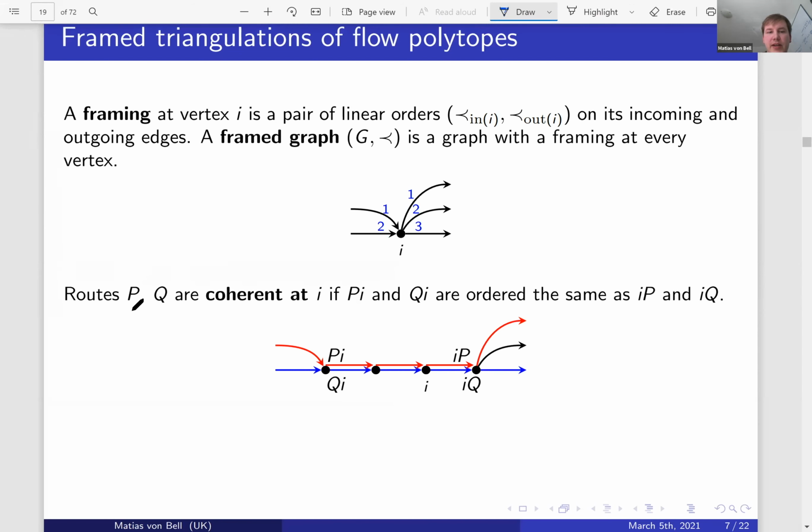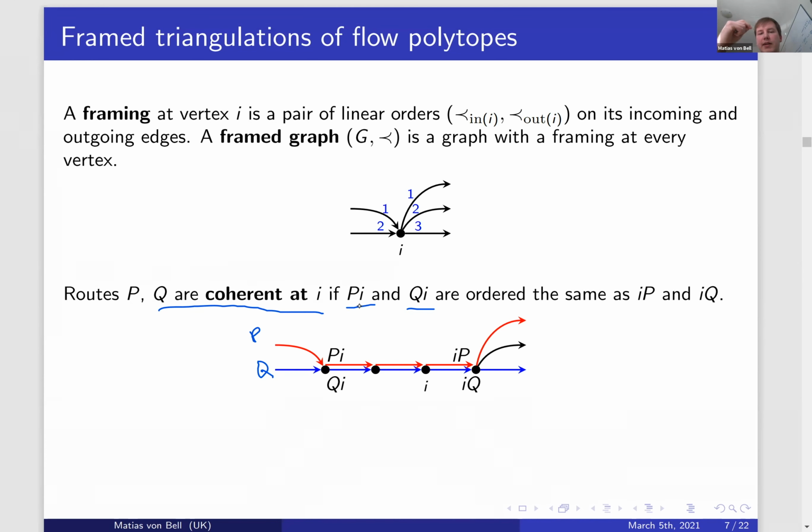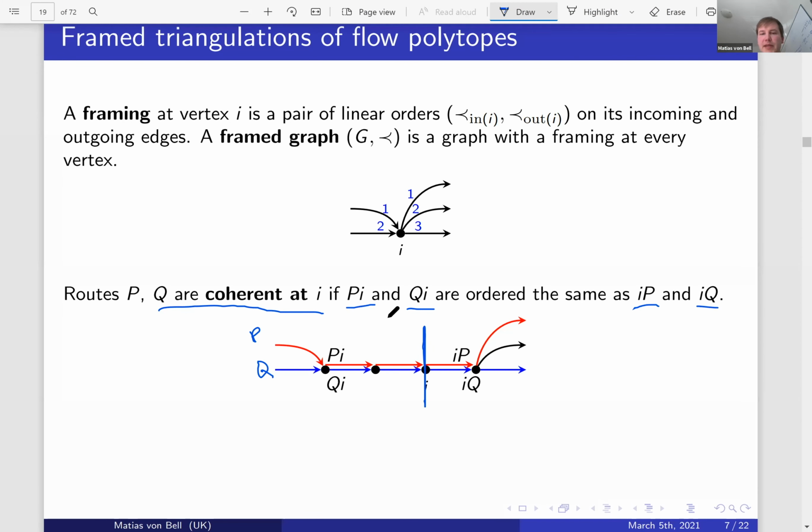And then this framing we can use to define a notion of coherence of two routes. So if my route P is in red here, and my route Q is in blue below, then two routes are coherent if P_I and Q_I, which are the portions of the routes that lead up to I and end at I, are ordered in the same way. So if I cut it here, I end up with P_I on the left and I_P on the right. So I want to order these P_I and Q_I and I_P and I_Q and make sure that they're ordered in the same way.